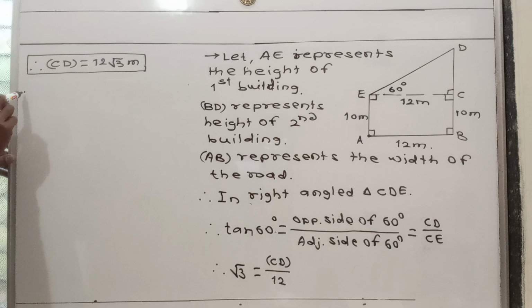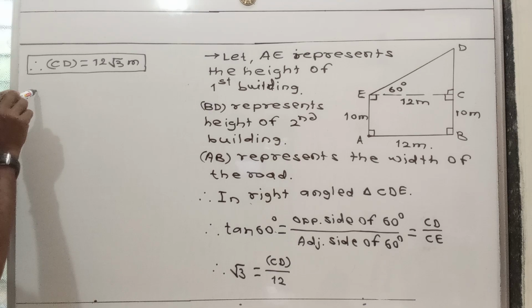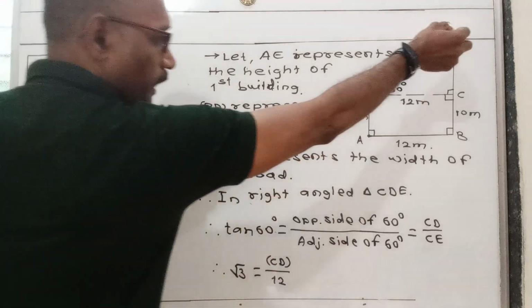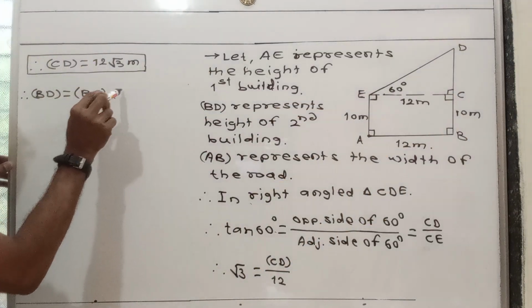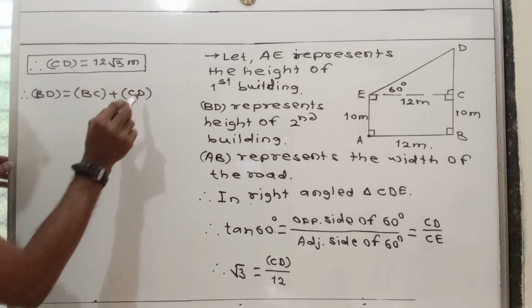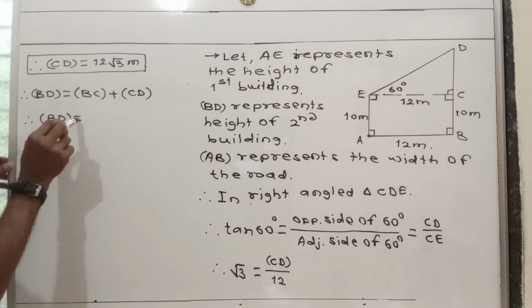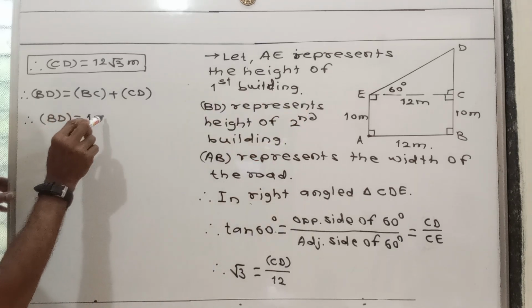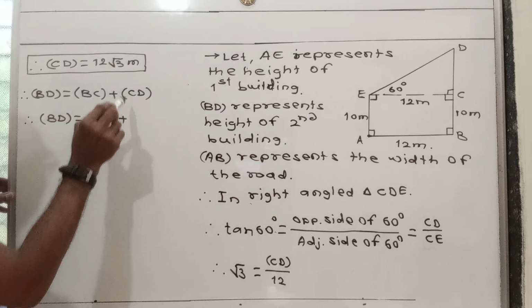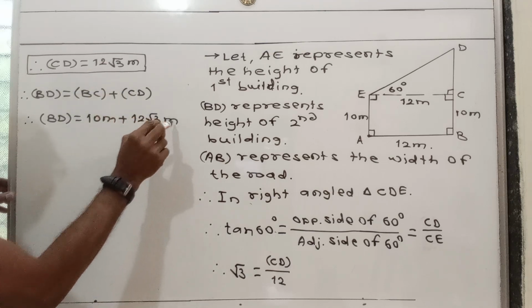So we write here the height of the second building, that is BD. Now this second building is made from BC plus CD. Therefore, the height of the second building BD is equal to, what is BC? 10 meter plus CD, 12 square root of 3 meter.